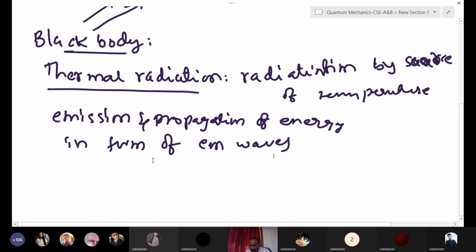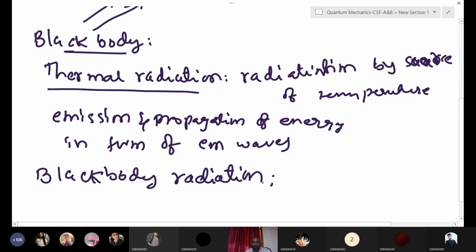Now what is the definition of black body radiation? You know black body, you know radiation. What is meant by black body radiation? Please, come on. Neither reflects nor transmits, but absorbs heat radiation.